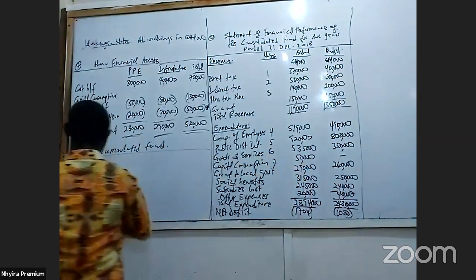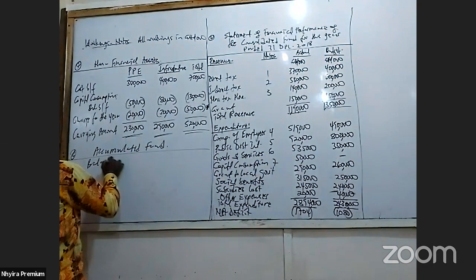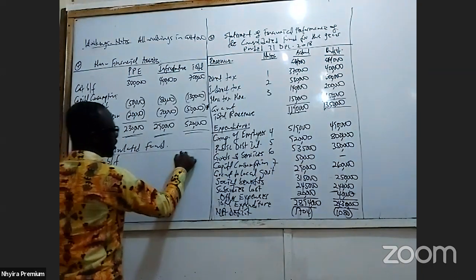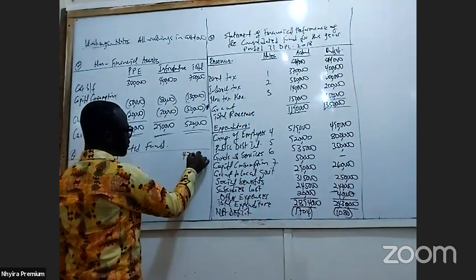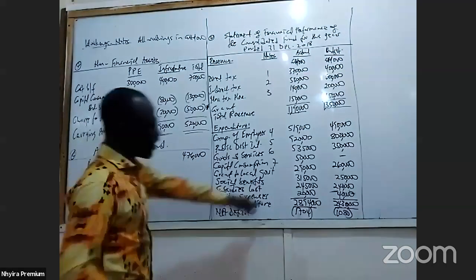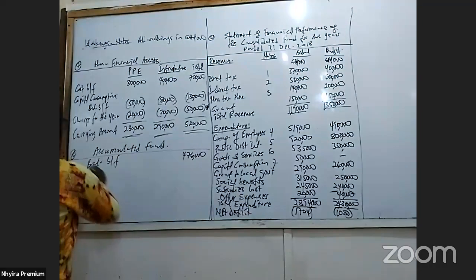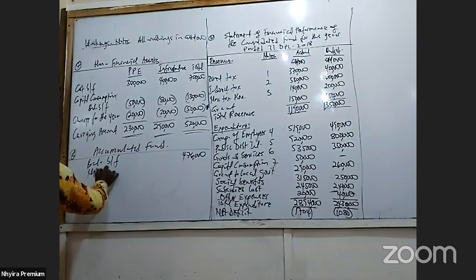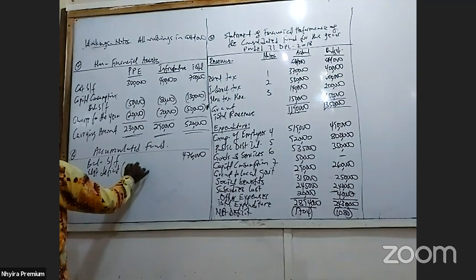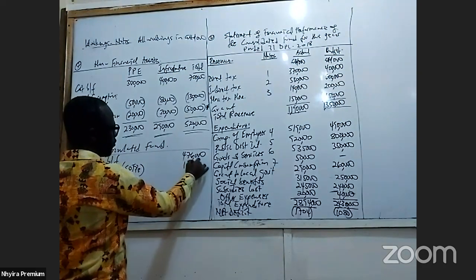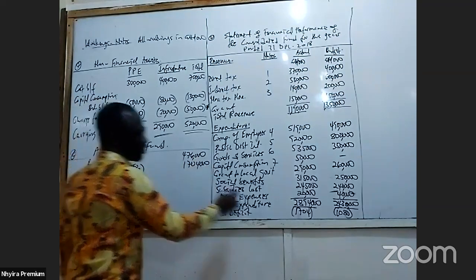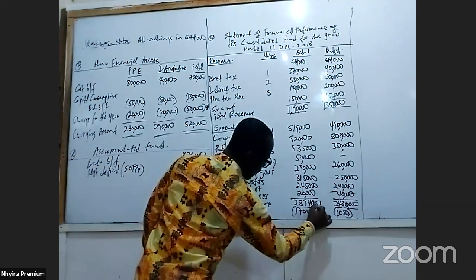So that would be the opening balance brought forward. Then we'll bring the operating or the net deficit here from the statement of financial performance. 1704.